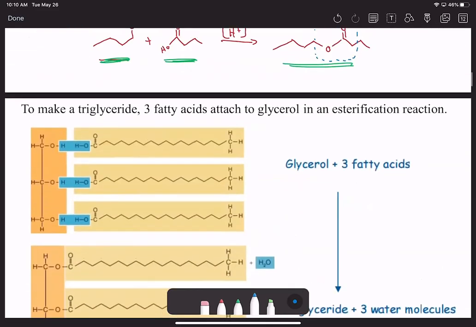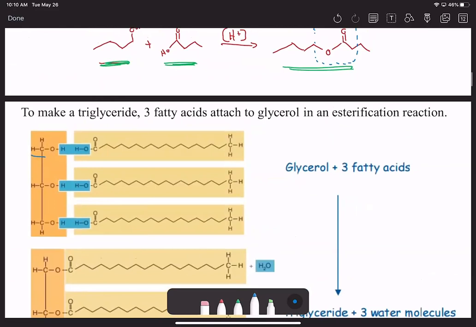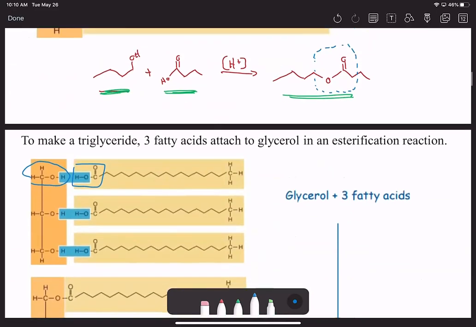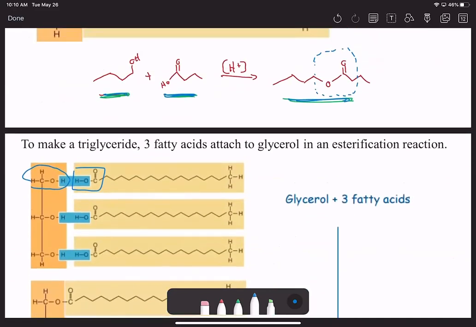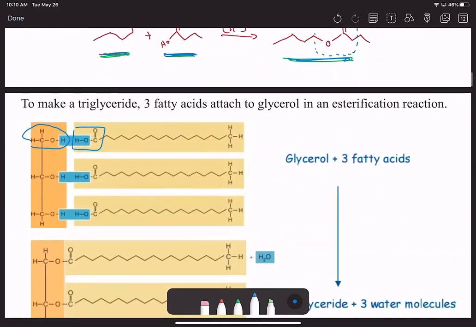So here is my alcohol, and here is my carboxylic acid. Alcohol plus carboxylic acid, and I get this ester. And our ester is, right? If we look at it, it's right here.